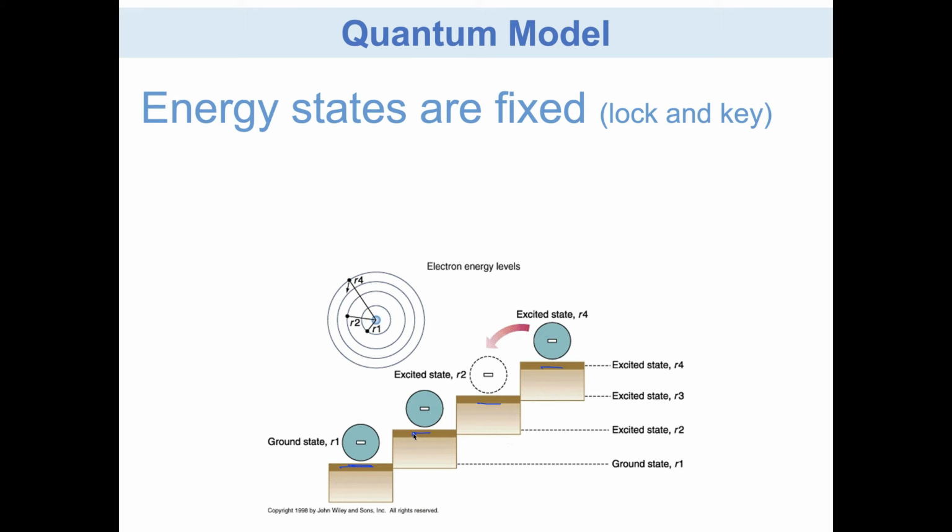But the idea is, let's say just this second energy state, if it's going to be able to move up into that energy state, meaning it's got greater energy and it's further from the nucleus, it's got to absorb a very specific amount of energy. If it does not absorb that correct amount of energy, it can't exist at this higher energy level. So it's almost like floors of a hotel. You exist either on the first floor or the second floor, but you don't exist in between.